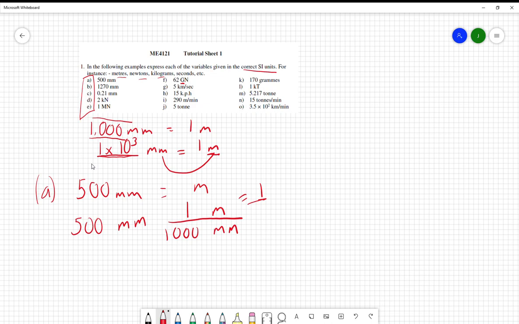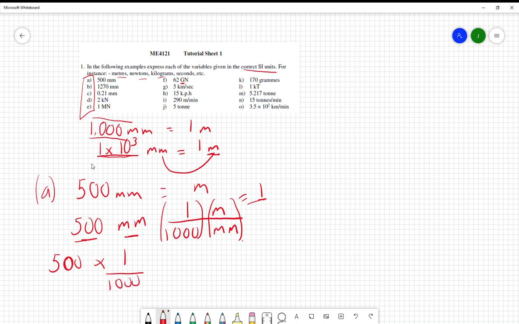Remember there are two components: the number part and the actual unit. And same here, we have the number part and the unit part. If we match them up, take this 500, and we have multiplied it by 1 all over 1,000. So we've multiplied by 1 and divided by 1,000.